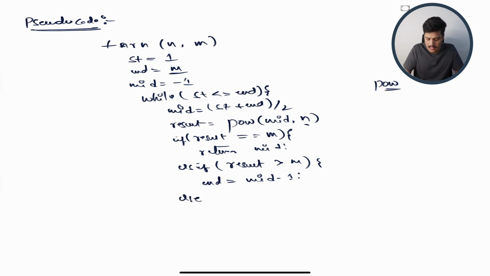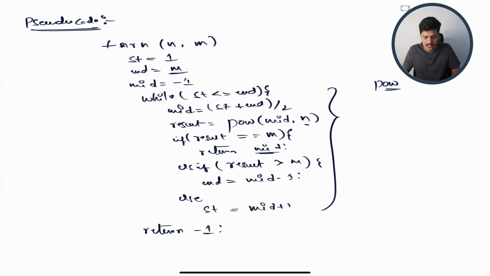If this is not the case, then we want the greater values on the right, so we will update start to middle +1. This logic will suffice if we have a proper result and can return the value. Otherwise, after executing the while loop and searching all of them, if we couldn't find anything, we will return -1 in the end. Okay, so this is the pseudocode for finding the nth root of a given number.